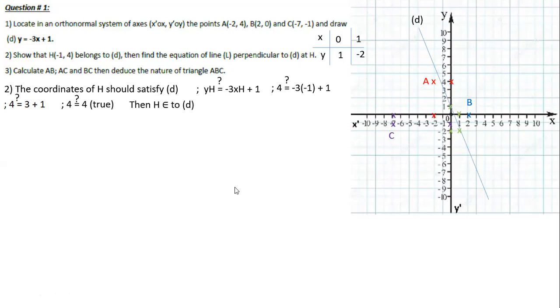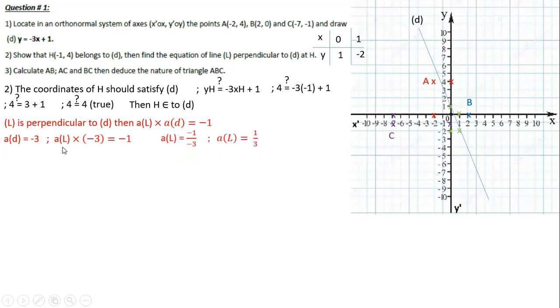This is a rule of perpendicular lines in a system of axes. The slope of line D is -3. So if we multiply the slopes, we get -1. If I replace the slope of D by -3, I will get the slope of L is equal to 1/3.